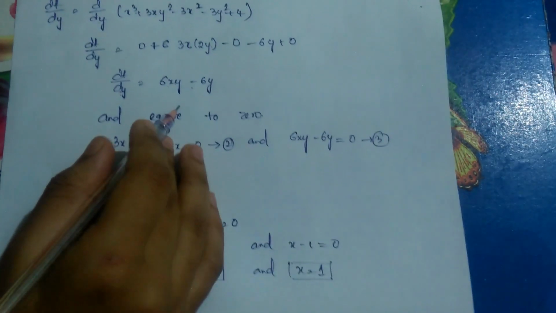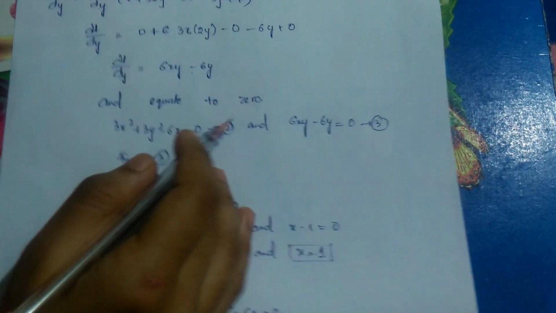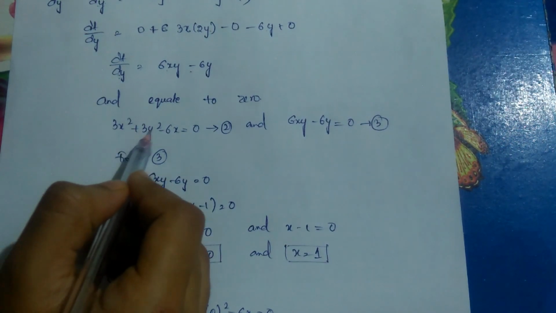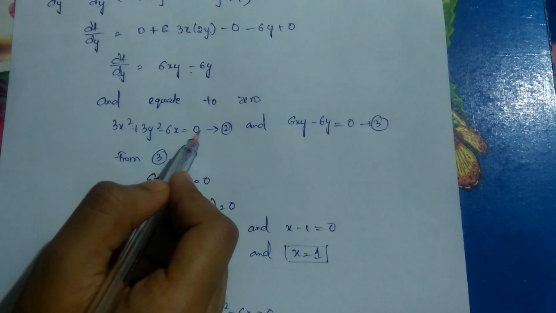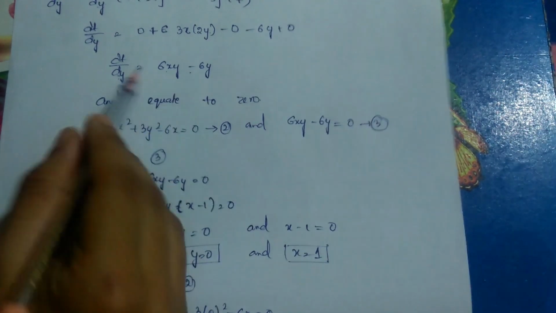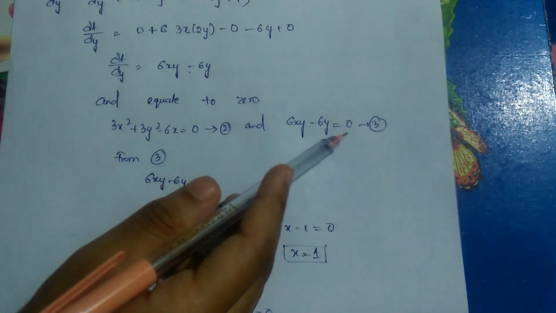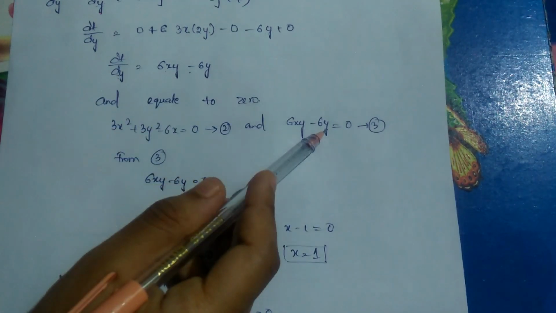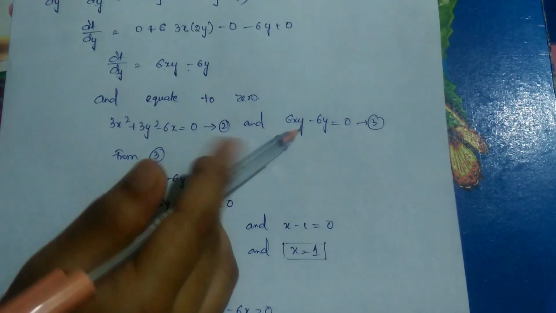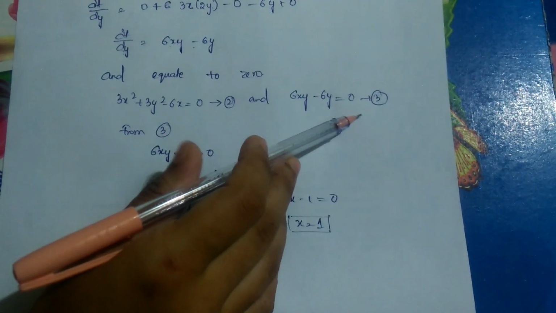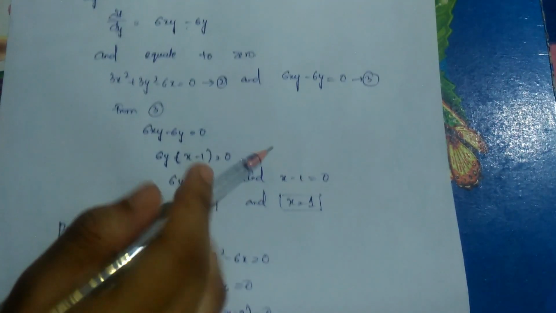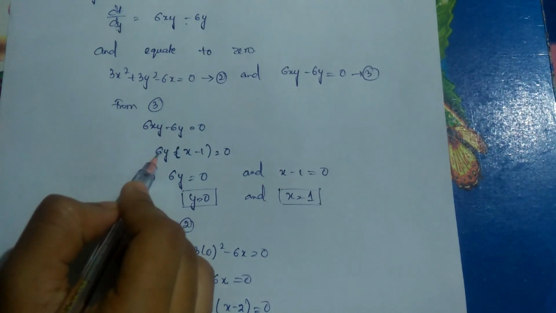At the second step, we equate these to 0. So dou f by dou x, that is 3x square plus 3y square minus 6x, is equal to 0. Let it be equation number 2. And we also equate dou f by dou y to 0, that is 6xy minus 6y equals 0, and let this be equation number 3. From the third equation, 6xy minus 6y equals 0, we can take 6y common.